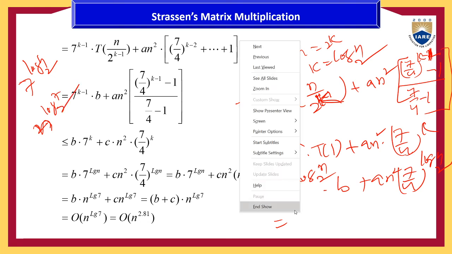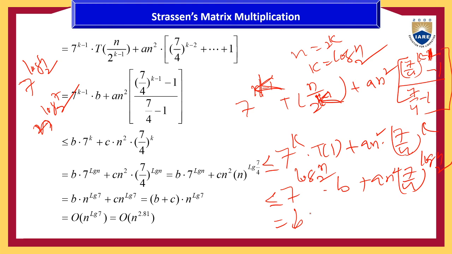So b into n power log 7 base 2 plus, we write it simply as c into n power log 7 base 2. Approximately we write it.